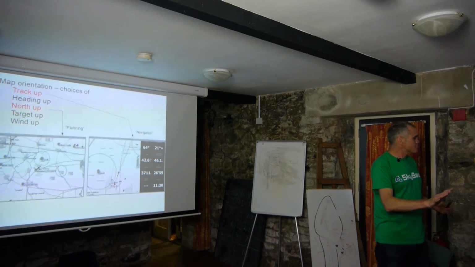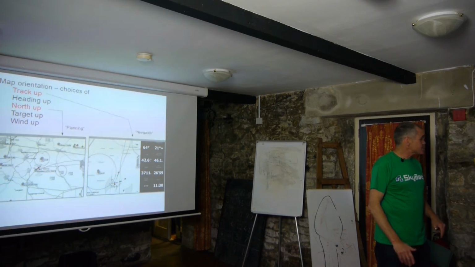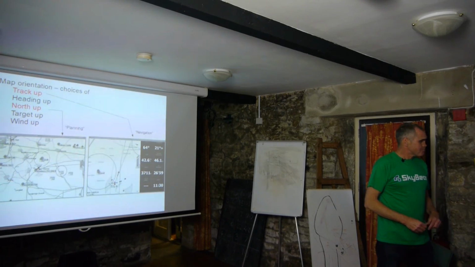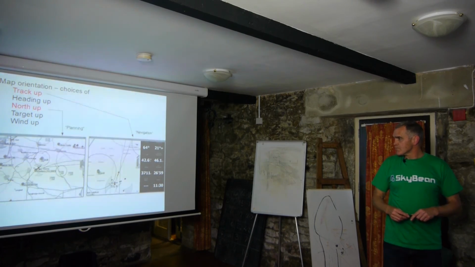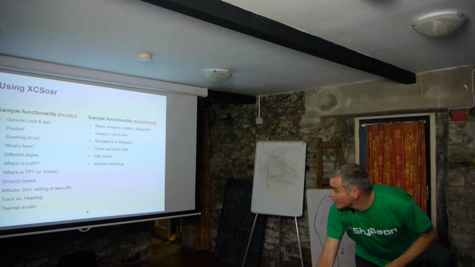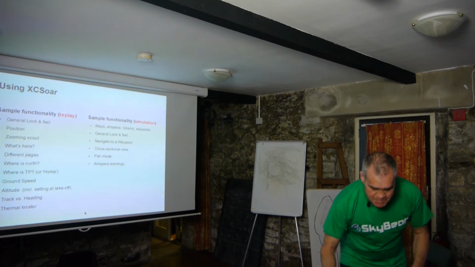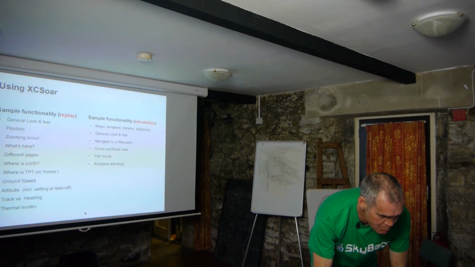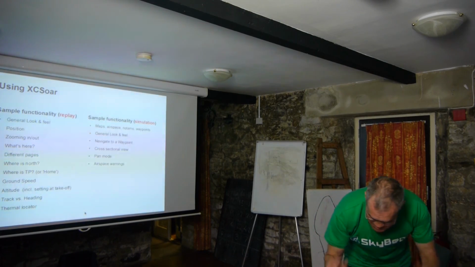That was the first thing I tried. That's what I wanted, and then I thought, I can get a workaround. Right, I now flip to XC Soar, so I'm just going to break out of here.